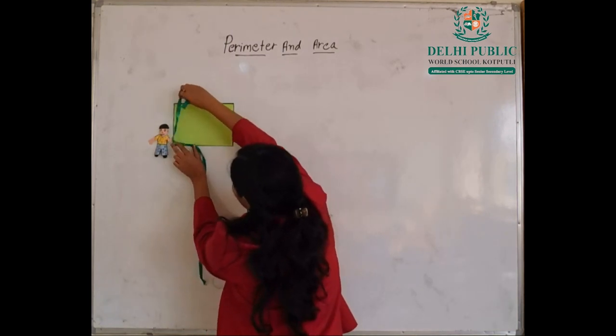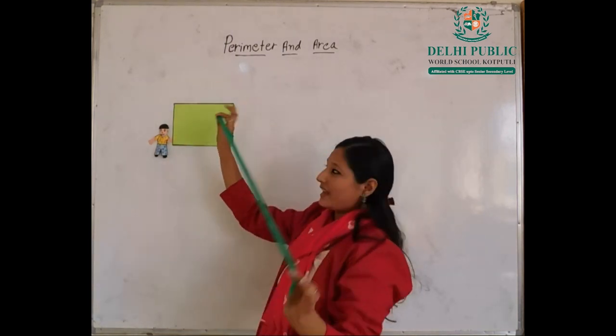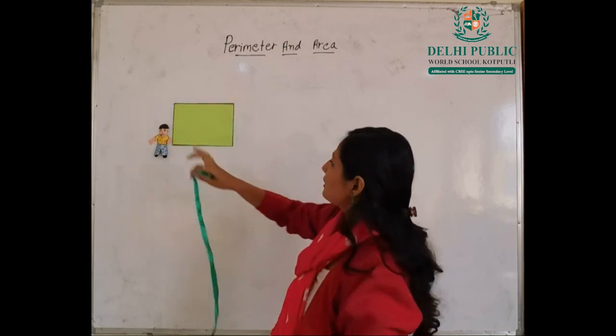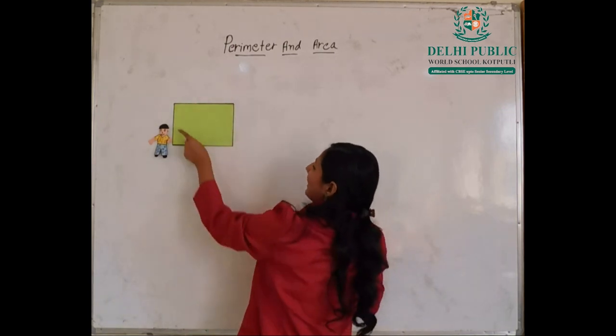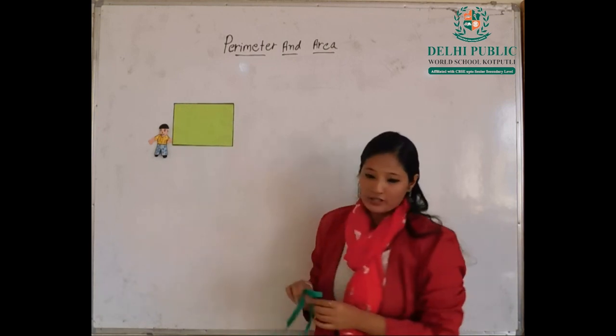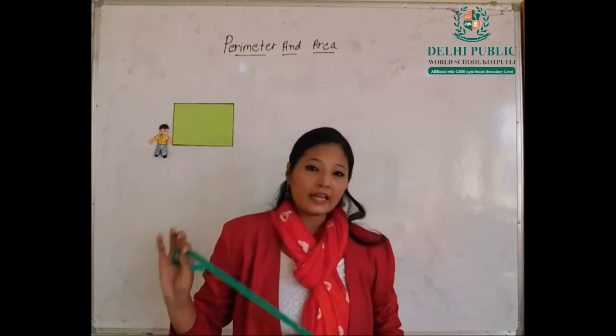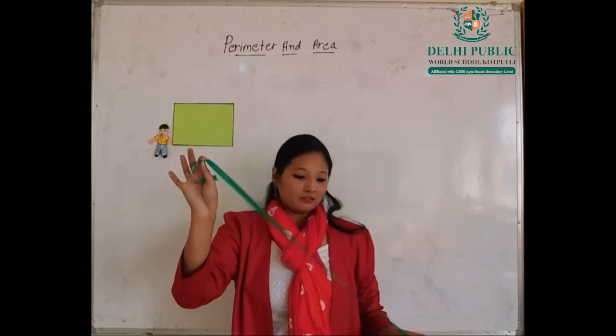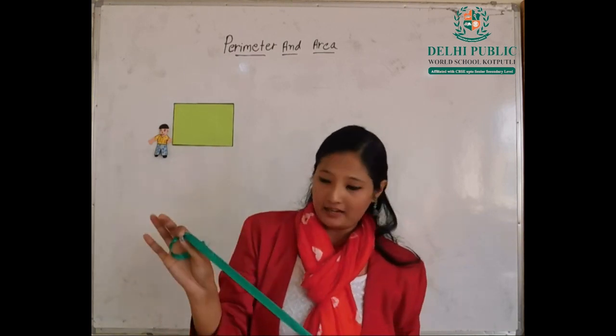So this much ribbon, from this end to this end, is used for the entire edge of the boundary. So now I can measure this ribbon using my scale.